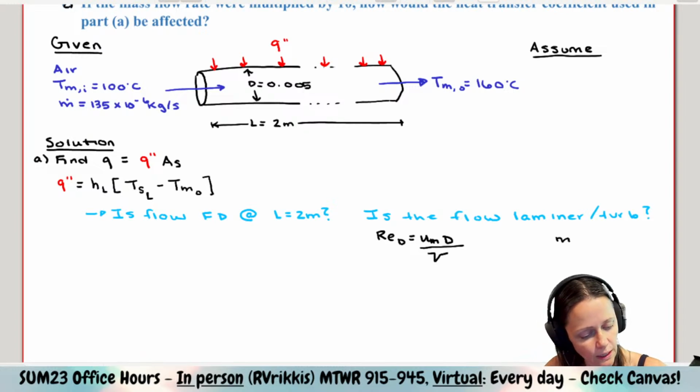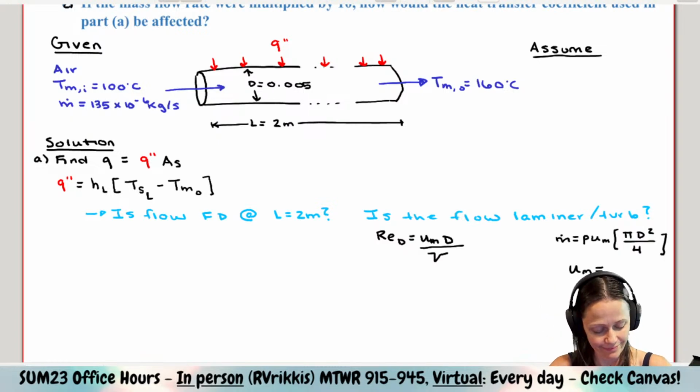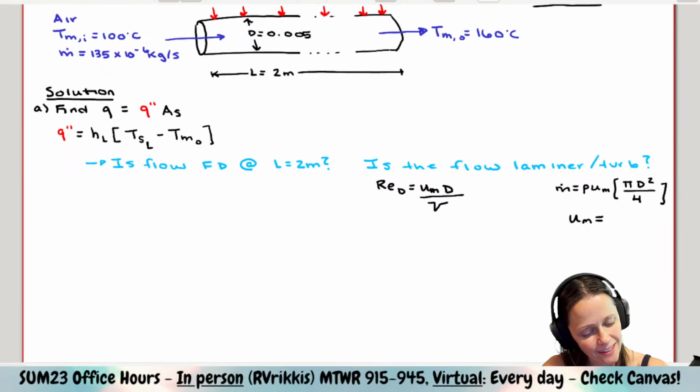So I know m dot is rho times the mean velocity times our cross-sectional area, which is going to be pi d squared over 4. So my mean velocity is going to be 4 times m dot over rho pi d squared.